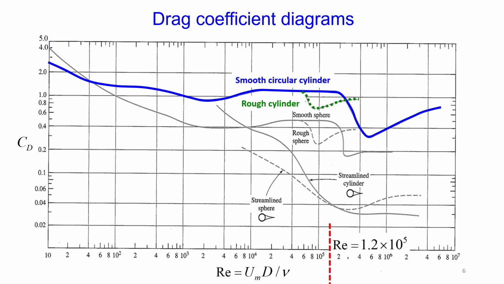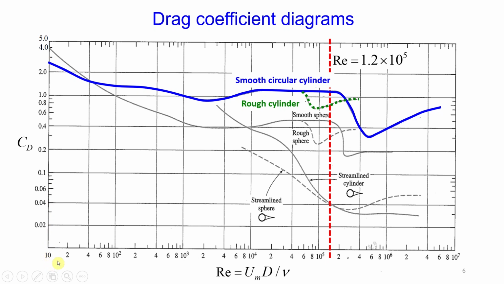Assume you have to determine the drag coefficient for a given Reynolds number. So we calculated the Reynolds number, and now the Reynolds number is 1.2 multiplied by 10 to the power 5. And I will tell you how you read this. So the first number here is 10. Then you have 20, 30, 40, 50, 60, and so on. Here you have 100, 200, 300, 400, and so on.